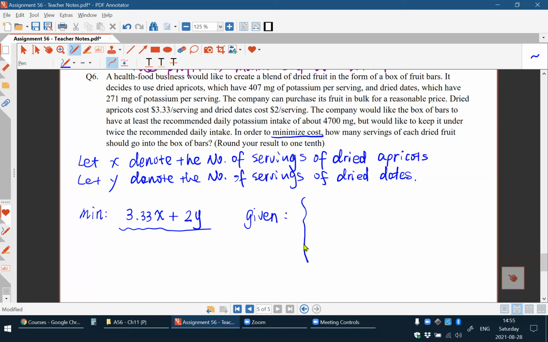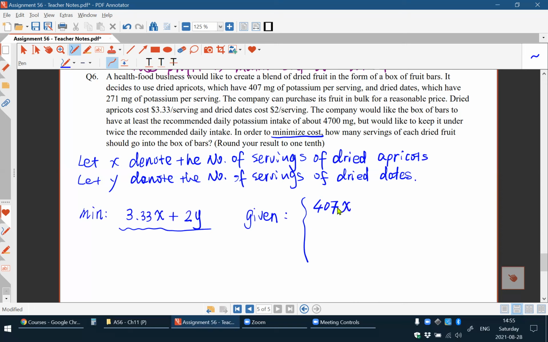constraints. So first, let's read the sentence. The first constraint is the total amount of potassium should be at least 4,700, right? So 407x.